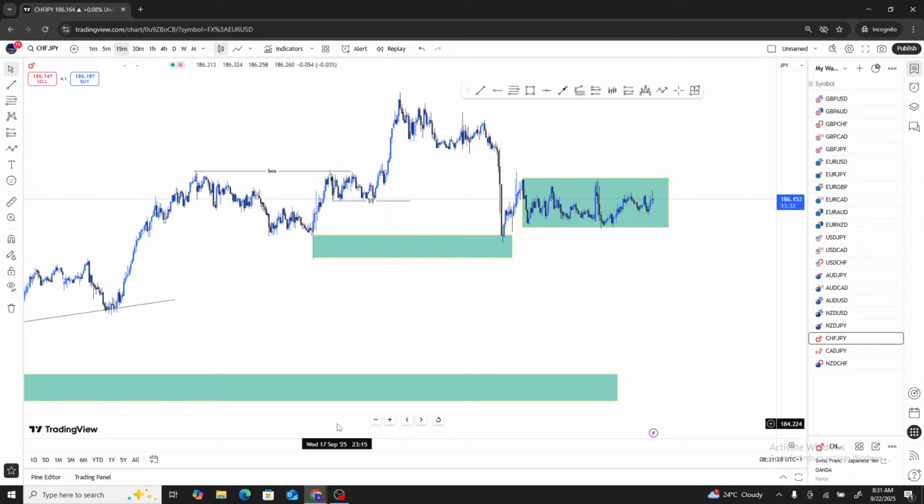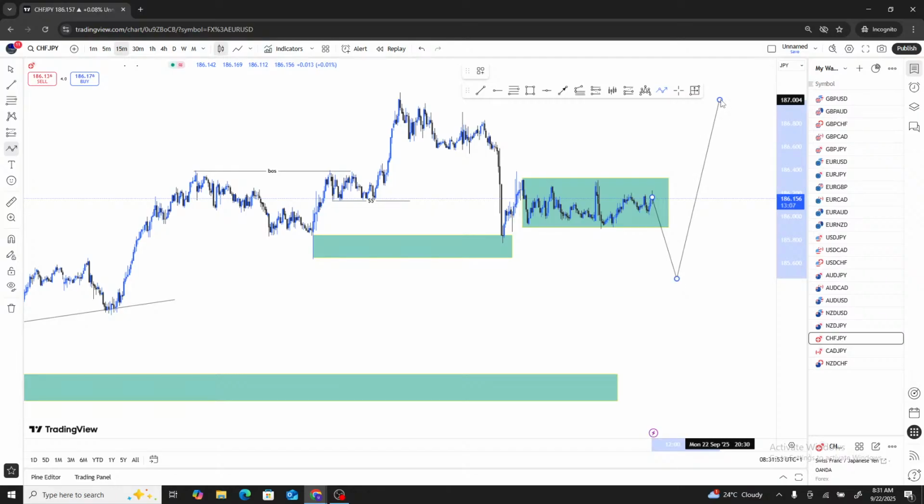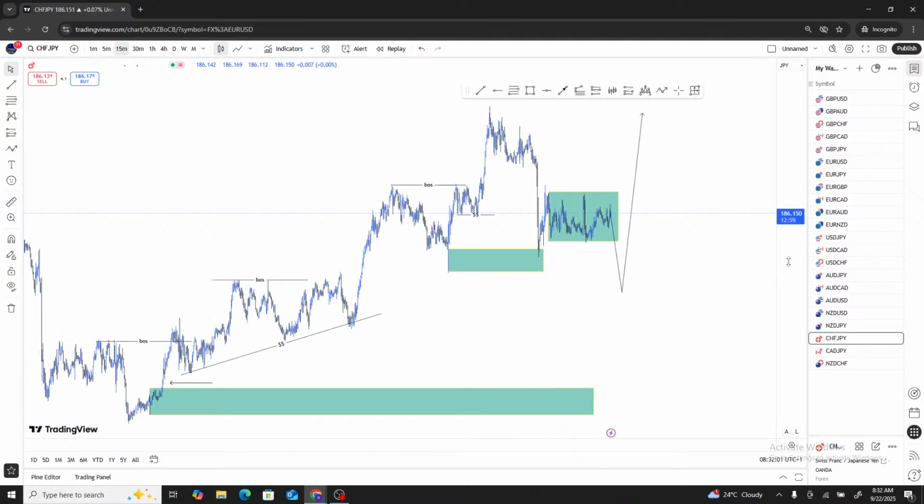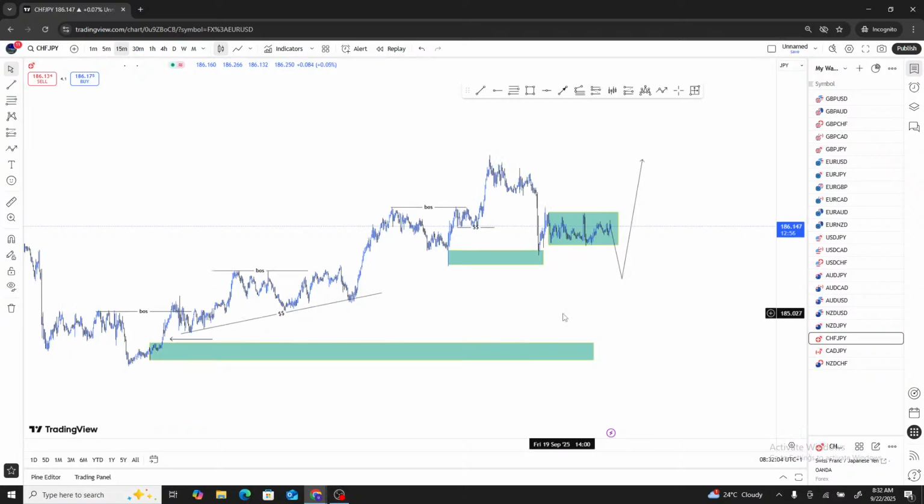Market should manipulate, since it's a choppy market. It should do the AMD pattern, which is accumulation, which we can see it is accumulating orders. Next thing it has to do is to manipulate, that is make a rapid move, kick people out, and then distribute price to the upside. So this is what I look out for, a classic AMD pattern.